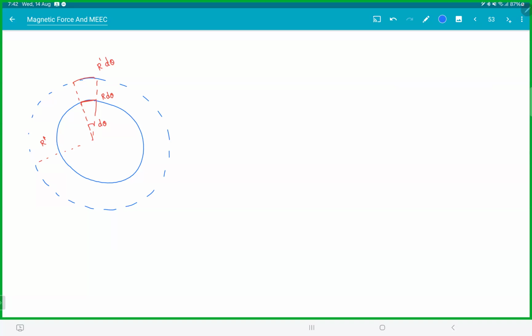Now, if you look at the whole elongation in the wire, the whole elongation is 2 pi r dash minus 2 pi r. And we know tension is nothing but the spring constant into elongation. So that would be 2 pi k into r dash minus r. That is your tension in the string.